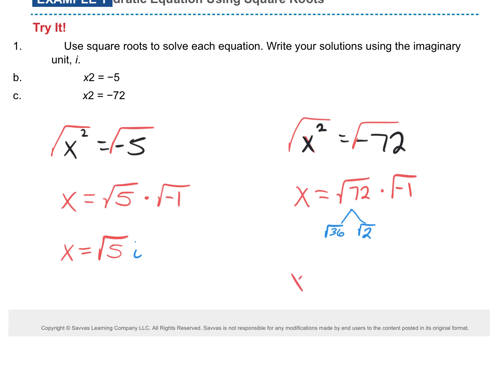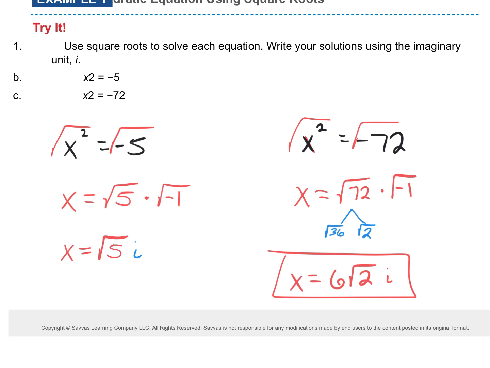What is the square root of 36? 6. What do I do with that square root of 2? Leave it. And then what is that square root of negative 1? i. That's your answer. We're not going to spend too much time on rationalizing those square roots, but that was just a quick refresher from last year.